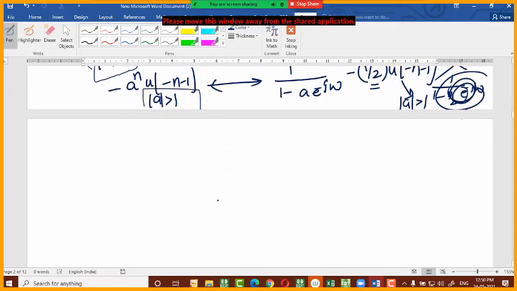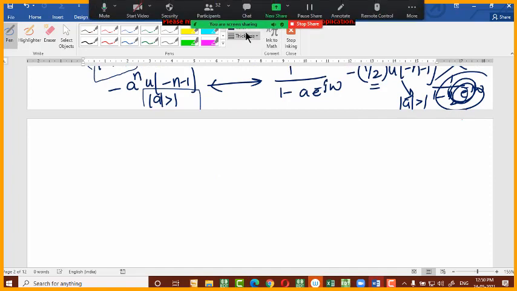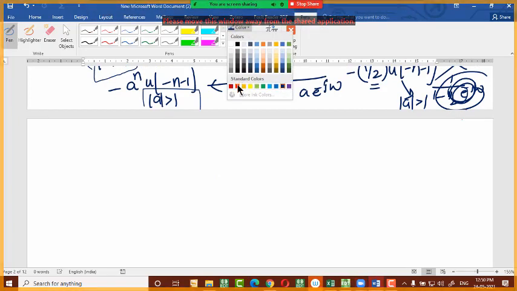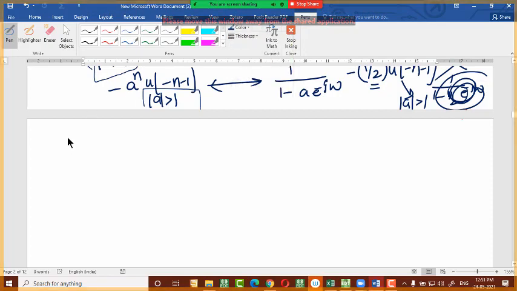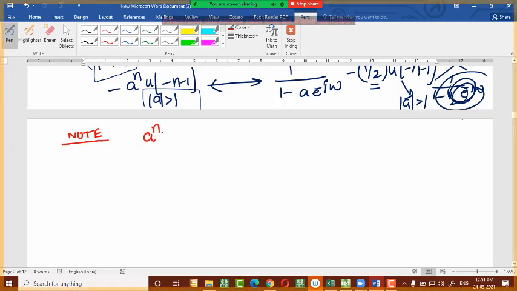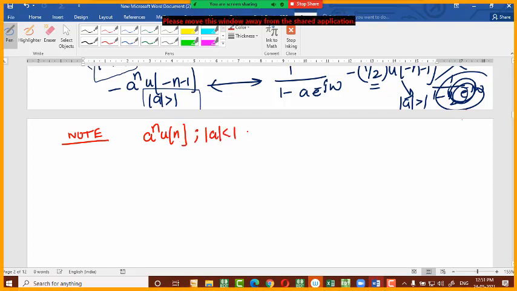Once again this note point I will write, those two I will write again at one place. A power n u of n, modulus of a is less than 1.